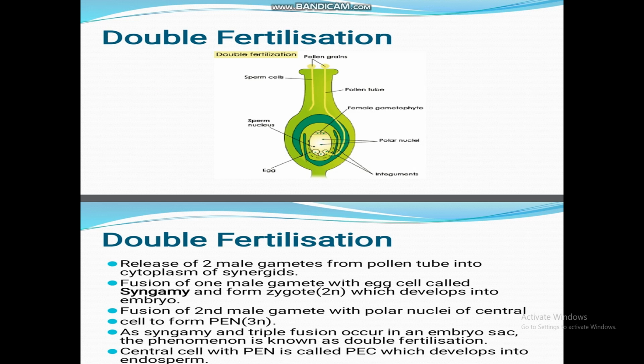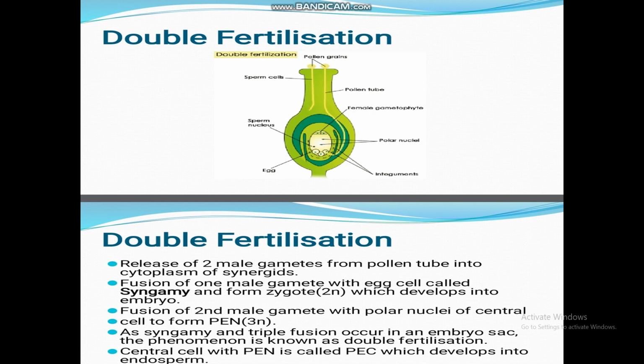Now we are going to discuss what happens in double fertilization. As all of you are aware, when the pollen tube forms, with the help of this pollen tube, two male gametes enter inside the ovule or ovary.